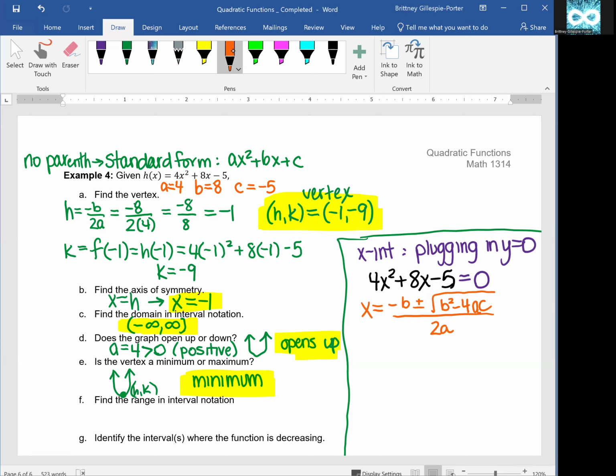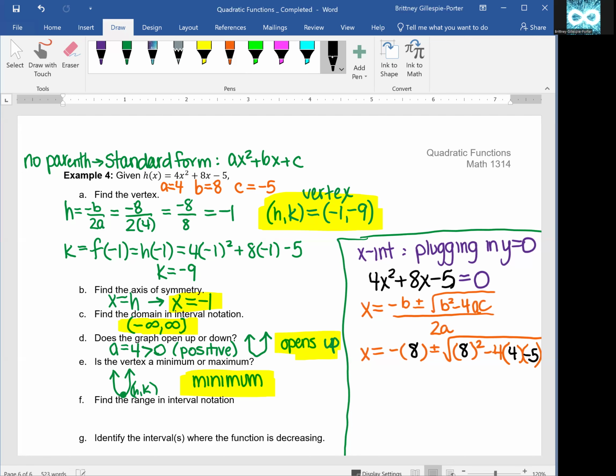So plugging in the values that we already found when we were finding the vertex, we're going to have x is equal to the opposite of b, which we said was 8, plus or minus the square root of b squared, which will be 8 squared, minus 4 times a, which we said was 4, times c, which is going to be negative 5.